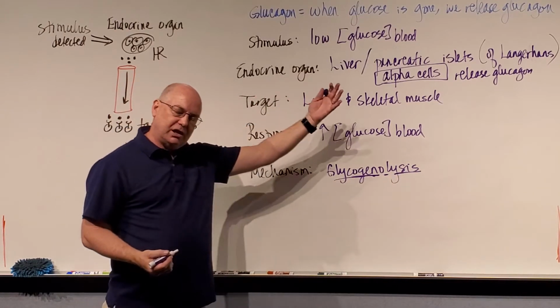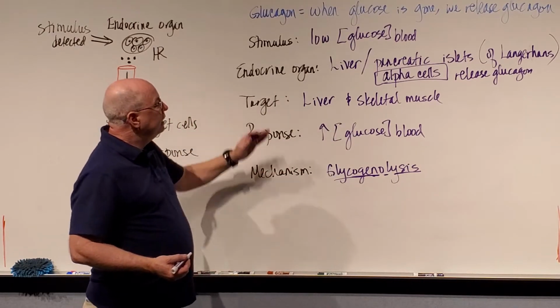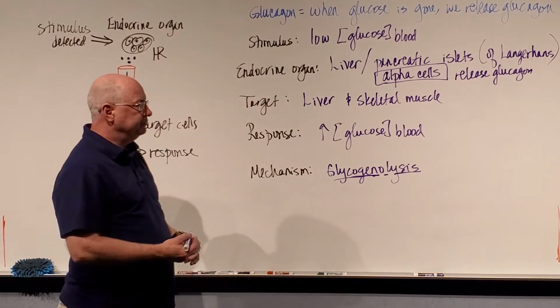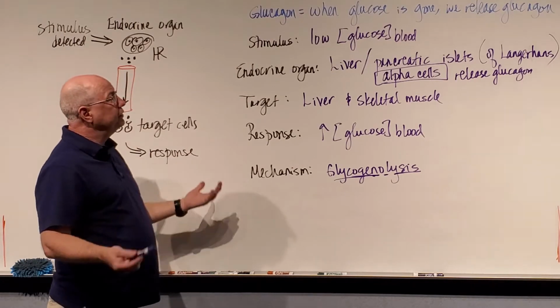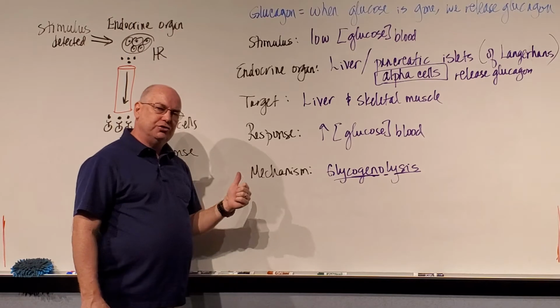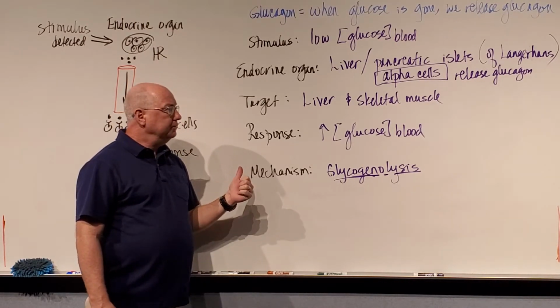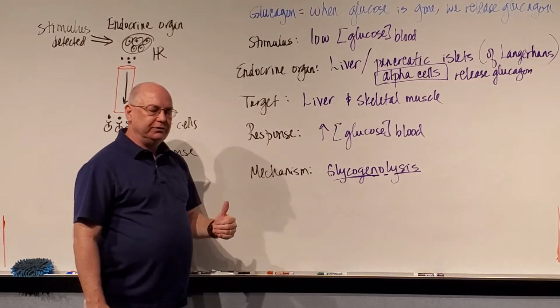So we're going to digest glycogen, release glucose, it will enter our bloodstream, go back up, and it will shut this whole process off. So that's it for glucagon that you need to know for now. It's an agonist to cortisone and cortisol, the glucocorticoids, and it will raise blood sugar levels.